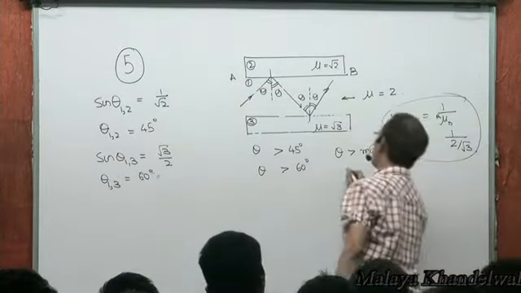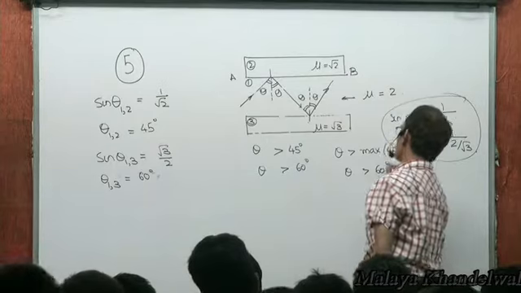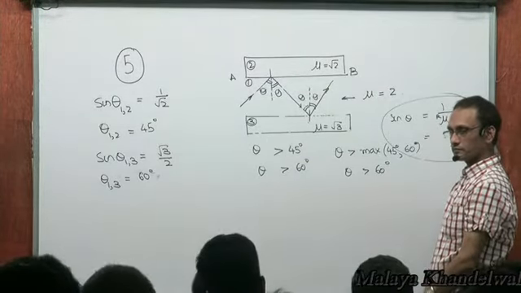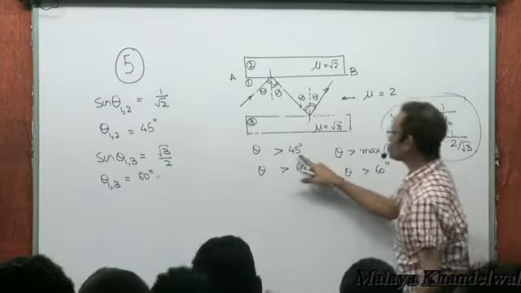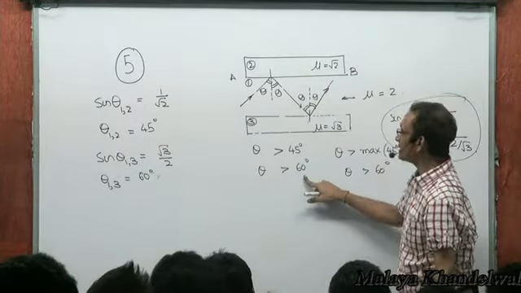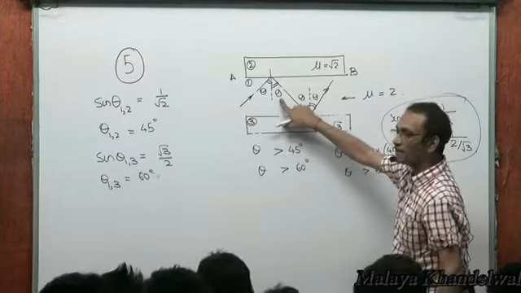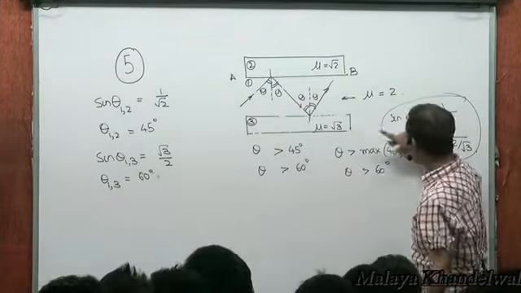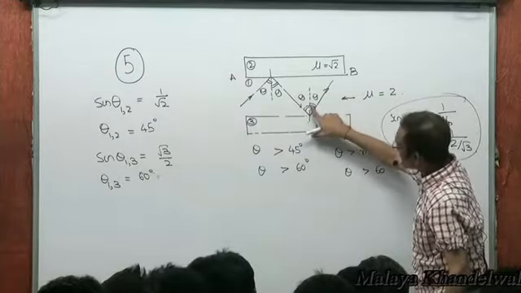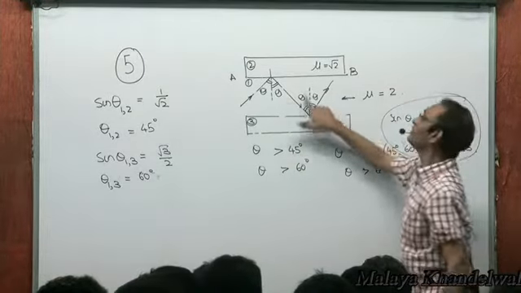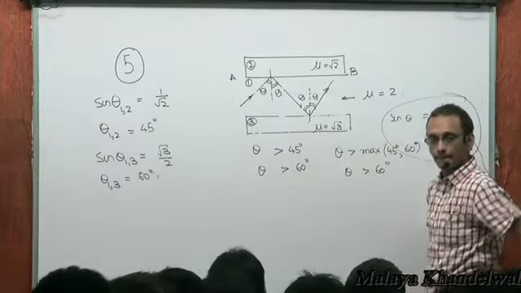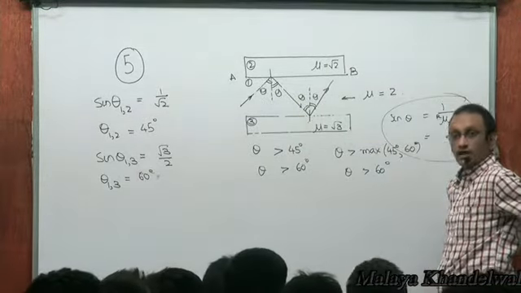So theta has to be bigger than 60 degrees. I mean, if I chose a theta between 45 and 60, say 48 degrees, it will get totally internally reflected here, but will get refracted here. But if theta is more than 60 degrees, it's certainly getting reflected here and also here because it's greater than 45 degrees. Yes or no?